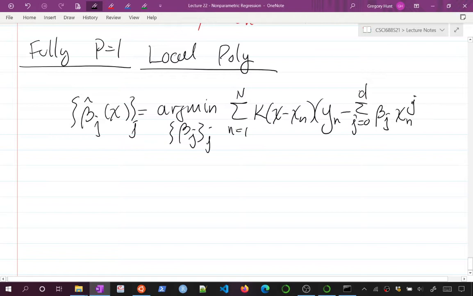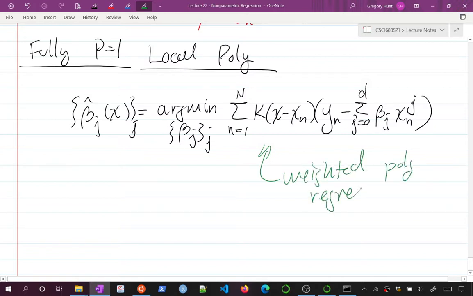Something like that. But this is just a particularly weighted polynomial regression where the weights adaptively change depending on where we're predicting.